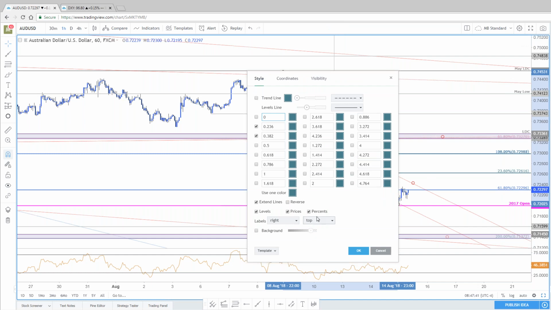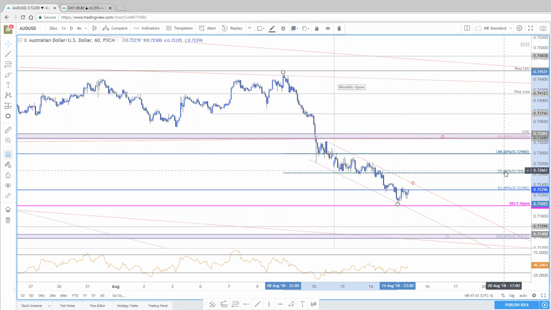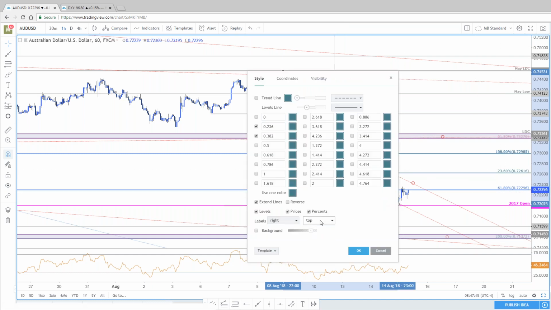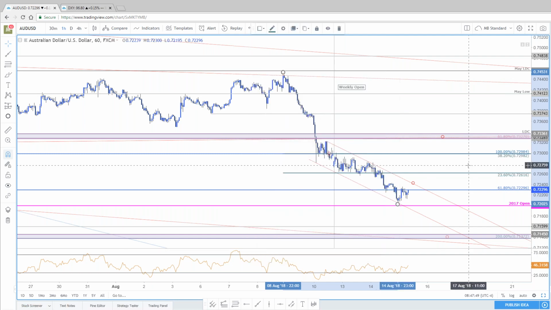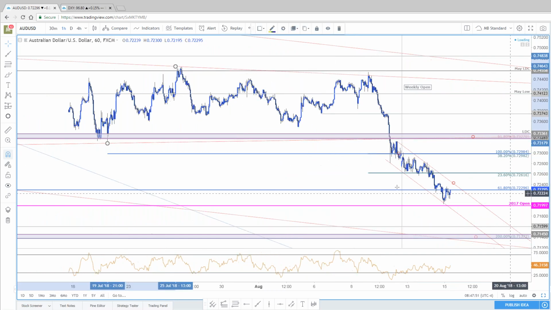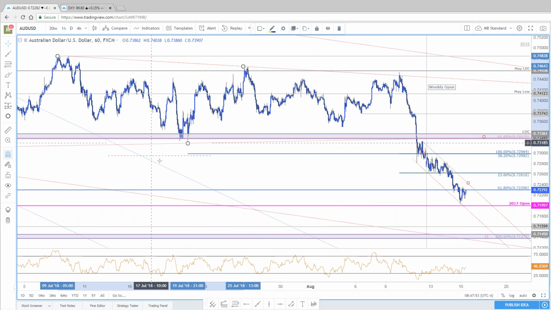Let me push that to the bottom so you can see the levels. 100% extension from the top for the consolidation. 72.98, 38.2 of this drop, 72.98.